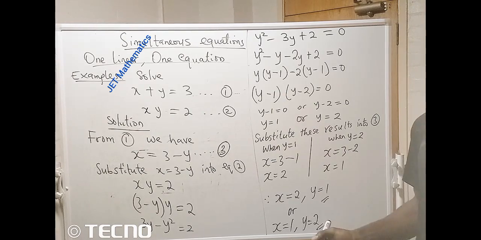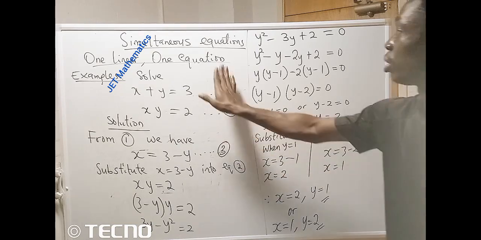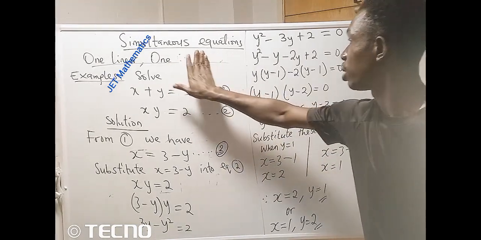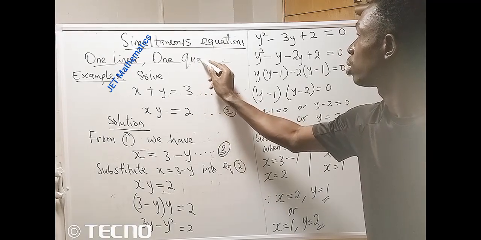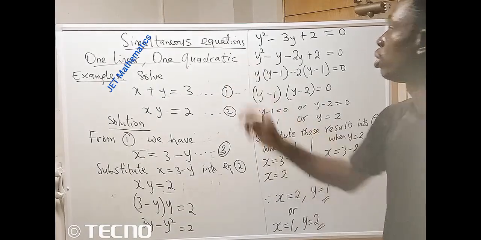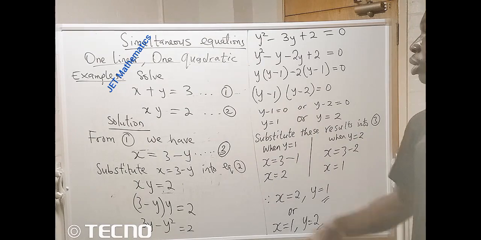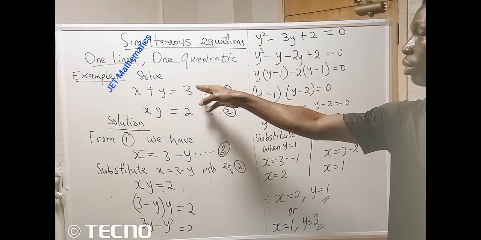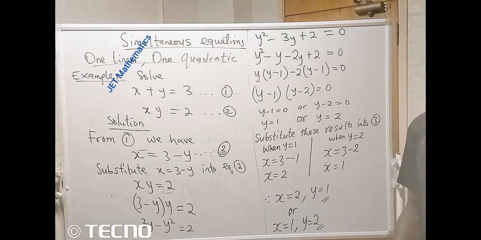Sorry, this is supposed to be quadratic. So this is how you solve every one linear, one quadratic simultaneous equation. Make the subject from the linear equation, substitute it into the quadratic, and then you simplify and get your results.